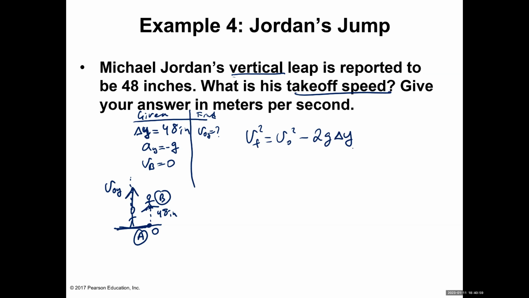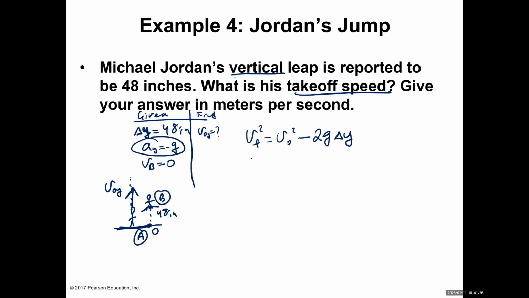But I could also calculate the time and then use another equation. Right now, this is kinematics equation 3 for free fall: plus 2 a_y delta y, where a_y is negative g. I like to modify the free fall equations in the vertical direction to indicate that that's what we're dealing with.